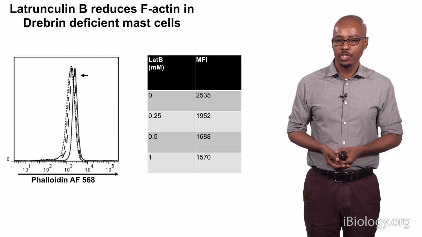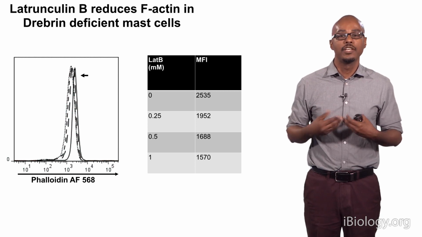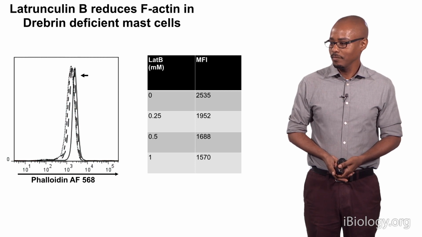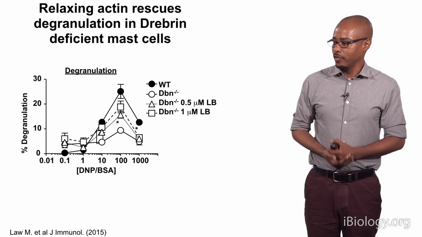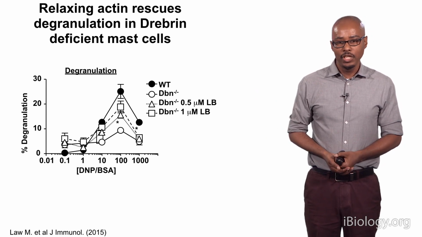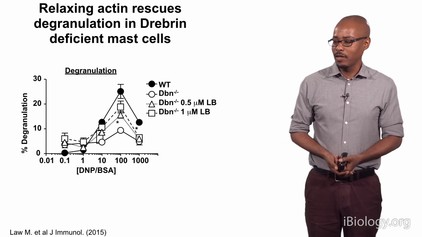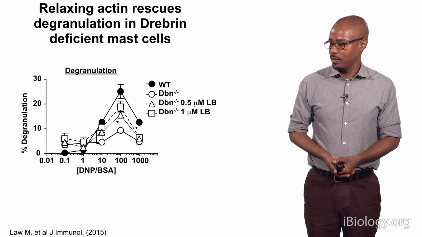And we can now ask the question, if we reduce the amount of F-actin in these Drebrin-deficient cells, can we rescue degranulation? And that experiment is shown here. So here in the filled circles are wild-type mast cells that we've stimulated with IgE and antigen in a concentration-dependent fashion. And we get an increase in degranulation over that period.